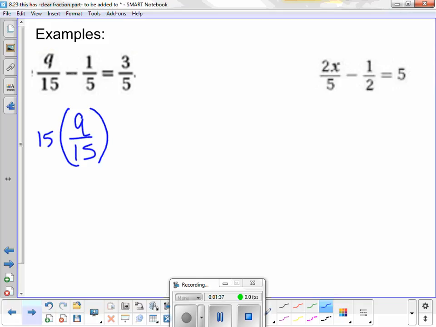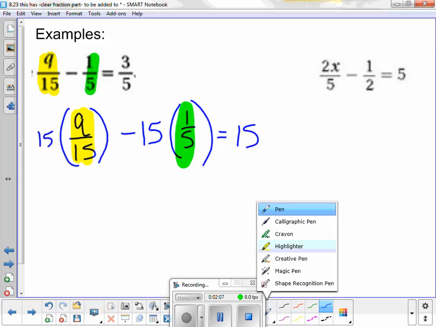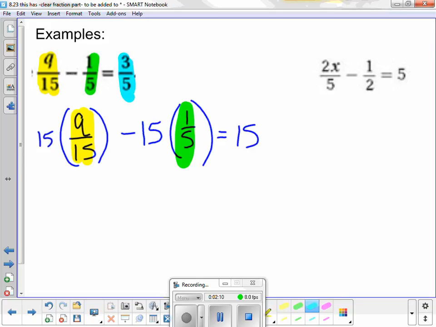Notice this section is here, and then I do minus 15, and this section is what I put next, just so you can see what we're doing, equals, and then I put 15, and then this section is next.